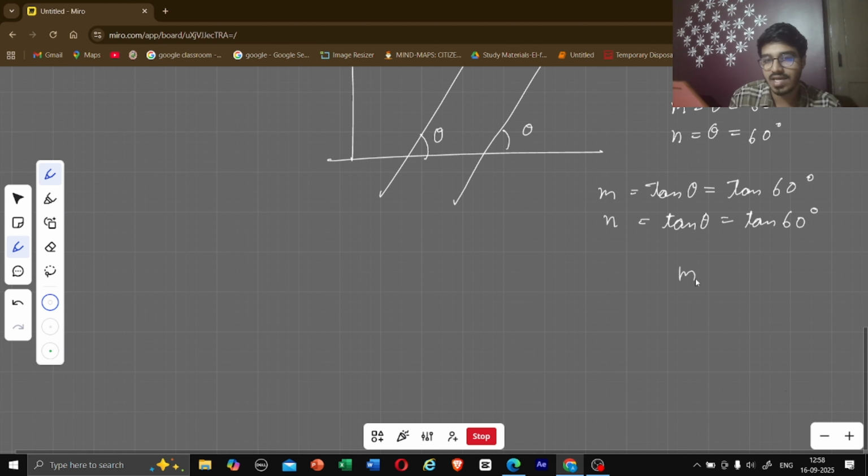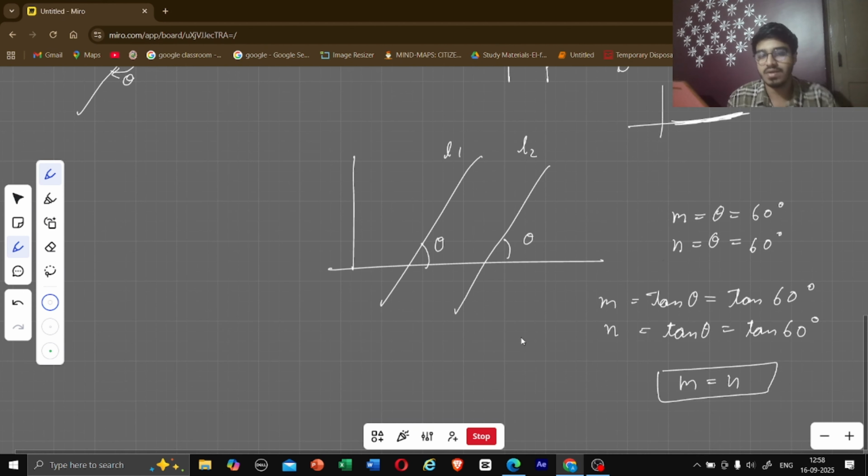Here m is equal to n. So, line L1 is parallel to line L2. If two lines have the same slopes, then those lines are parallel to each other.